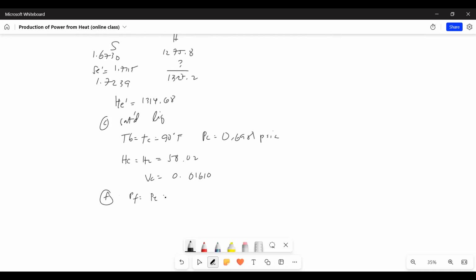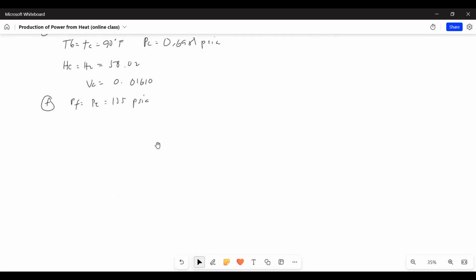PF equal to PE equal to 135 psia. Okay? And we can read from the steam table the properties ng saturated liquid na yan. Okay, so HF. Just read the saturated liquid properties, and that's 322. HF is equal to 322 BTU per pound mass. And also read the VF, 0.018 feet cube per pound.